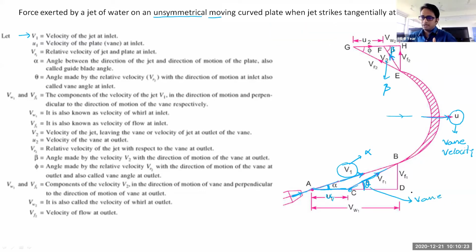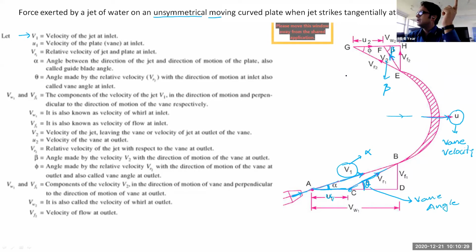If on the inlet side VR1 is making theta, then on the outlet side VR2 will make angle phi. All of you, please listen attentively, because 14 marks is there for your unit number 4 and 14 marks for unit number 5, so 14 plus 14, that is 28 marks. And this velocity triangle diagram is very important.